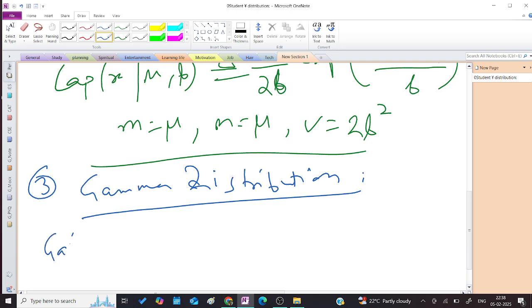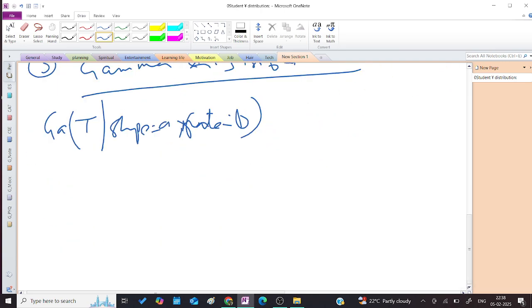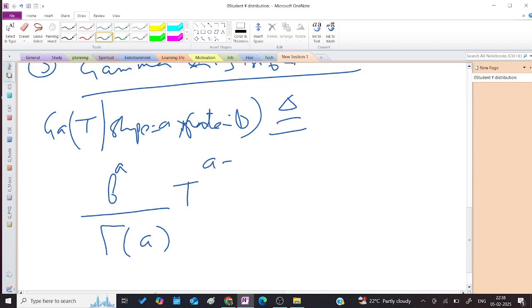It is given by Ga(T | shape = a, rate = b), and the formula is b to the power a by gamma(a), T to the power a minus 1, e to the power minus T b.